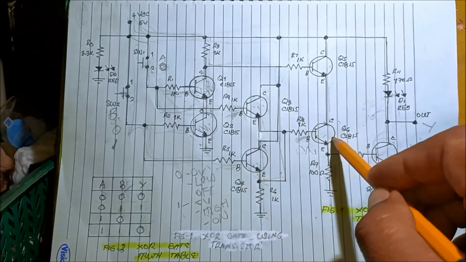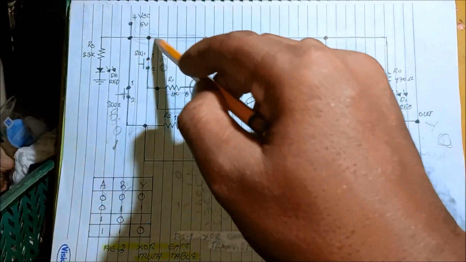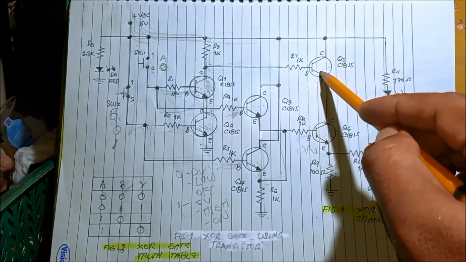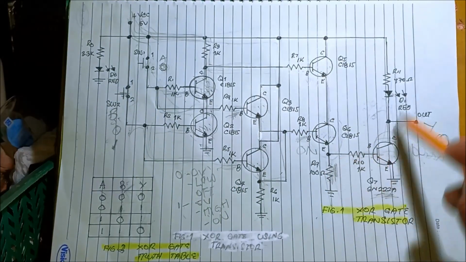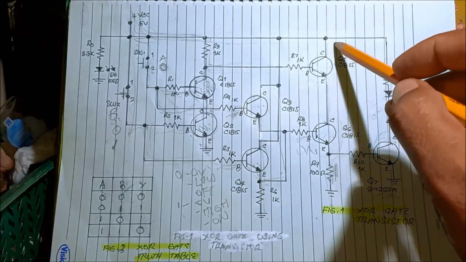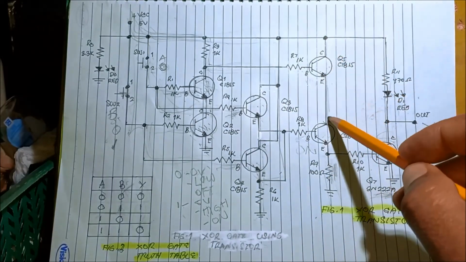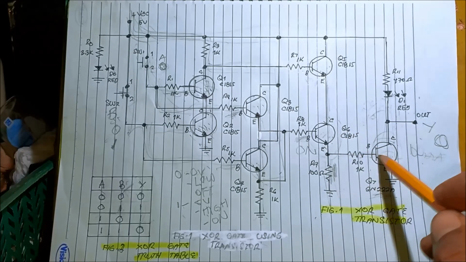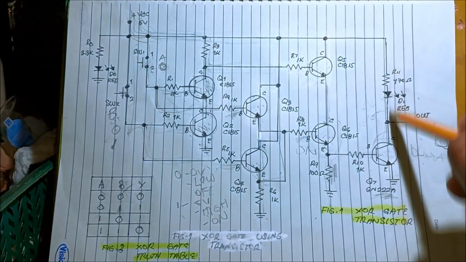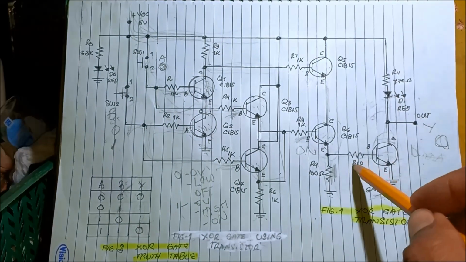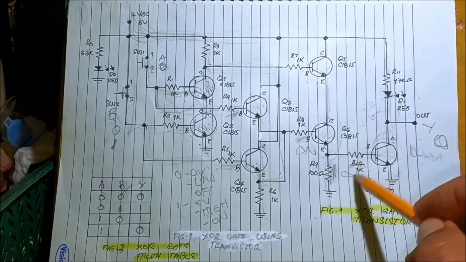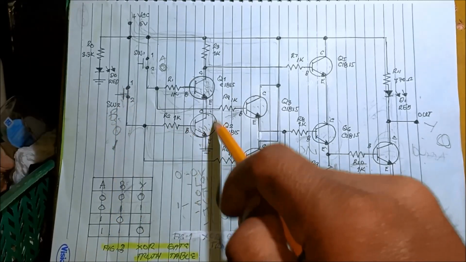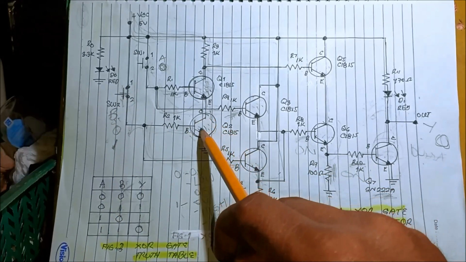This is on, and since it is directly connected to the source, and this one is also on, the output turns on, since we have now the current flow from collector to emitter here, collector to emitter, then to the ground, making this transistor turn on. That's why current now flows into the LED, then collector to emitter, because there is a base current for this transistor. So when we press the switch B, transistor Q2 is on.